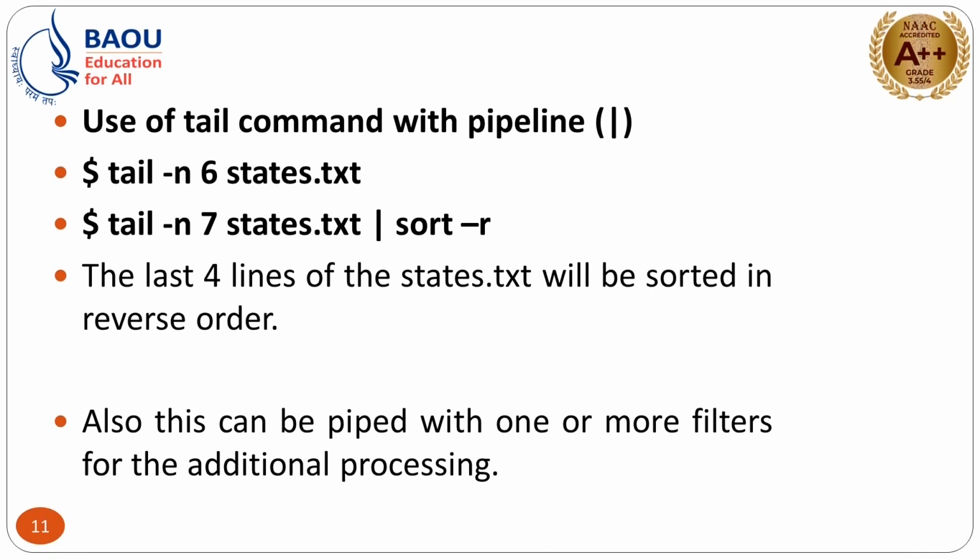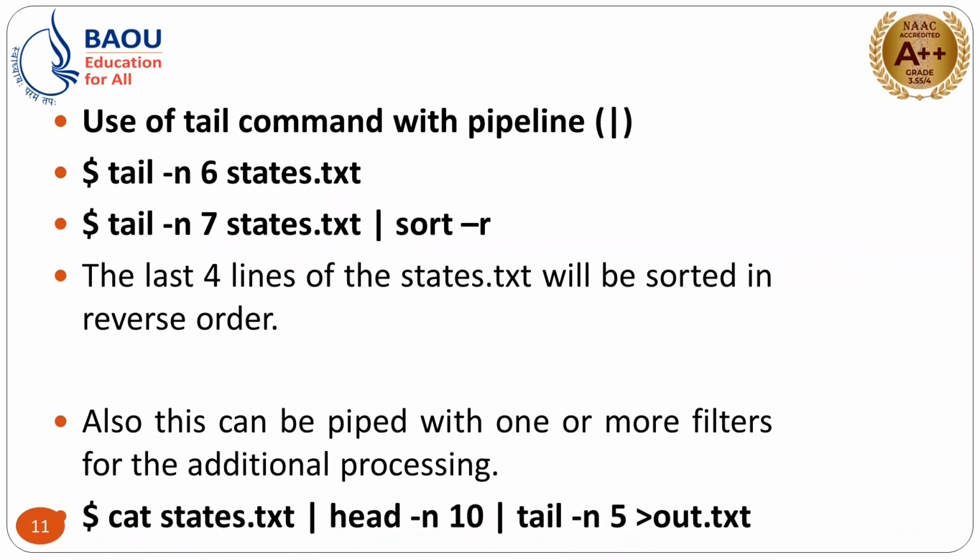Also, this can be piped with one or more filters. So you can use multiple commands. You can see this example: cat states.txt. First of all, the contents of states.txt will be displayed, and that output is passed to head, and only the first 10 lines will be filtered out. Then these first 10 lines are passed to the next command, the tail command.